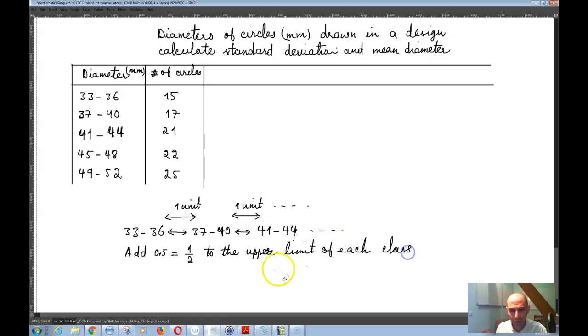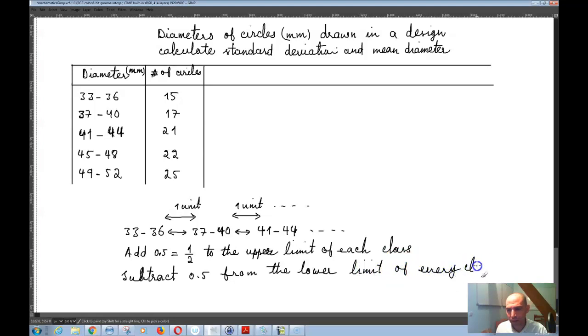And also, subtract 0.5 from the lower limit of every class.